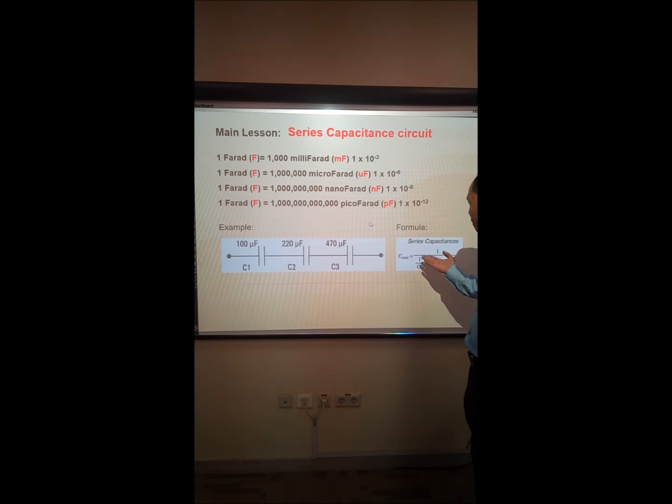This is the formula: total capacitance is equal to 1 divided by 1 divided by C1 plus 1 divided by C2 plus 1 divided by C3, and so on and so forth.